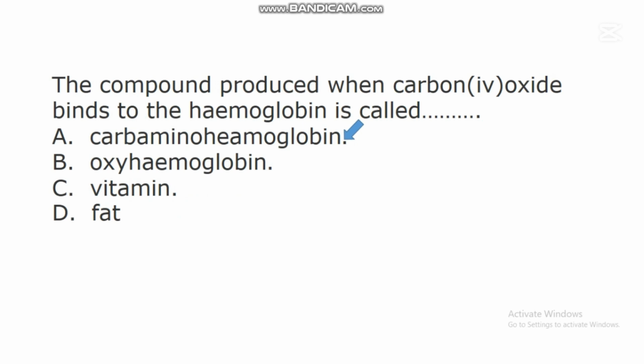Carbaminohemoglobin is the compound produced when carbon 4 oxide binds to the hemoglobin found in the red blood cell. So carbon 4 oxide is transported out of the body, or moves around the system, through this form known as carbaminohemoglobin.